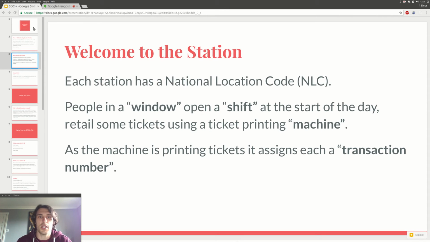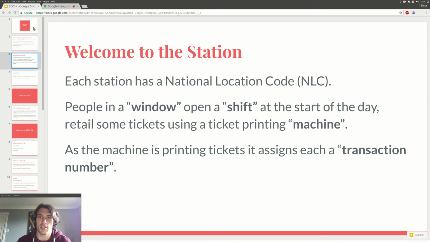Every station has a national location code. You'll often see this referenced. It's an NLC, and it crops up in a lot of places. The idea is that in the morning people show up to work, they come to the train station, they go to their little window, they sit down, and they open their window, which starts a shift.